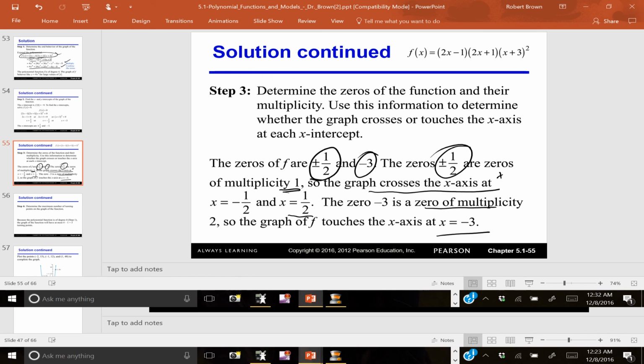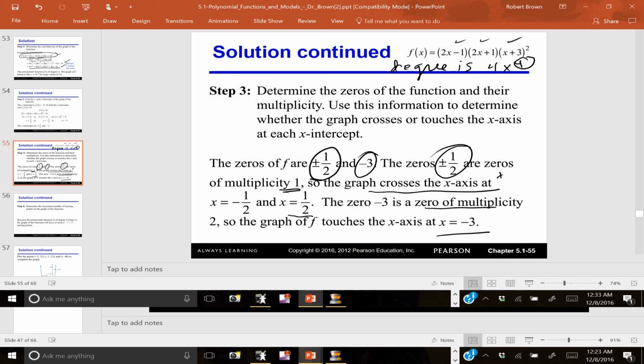The turning points: notice that the degree is, this would be x squared, this would be x times x, so it would look like 4x to the 4th.